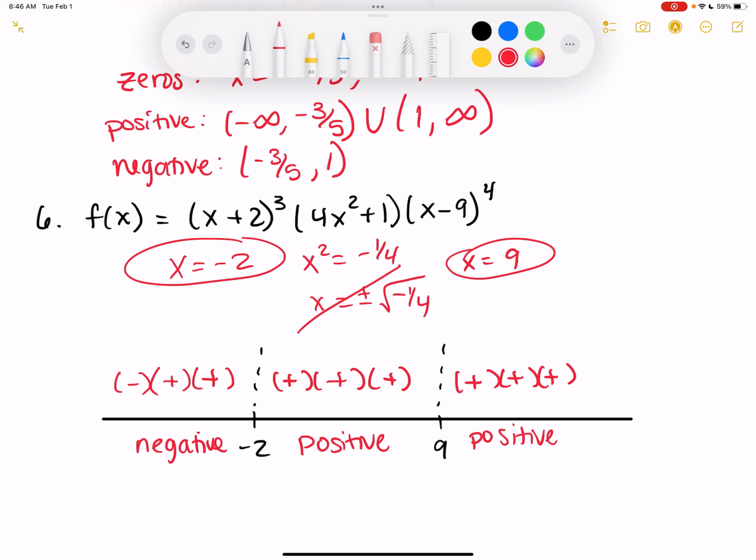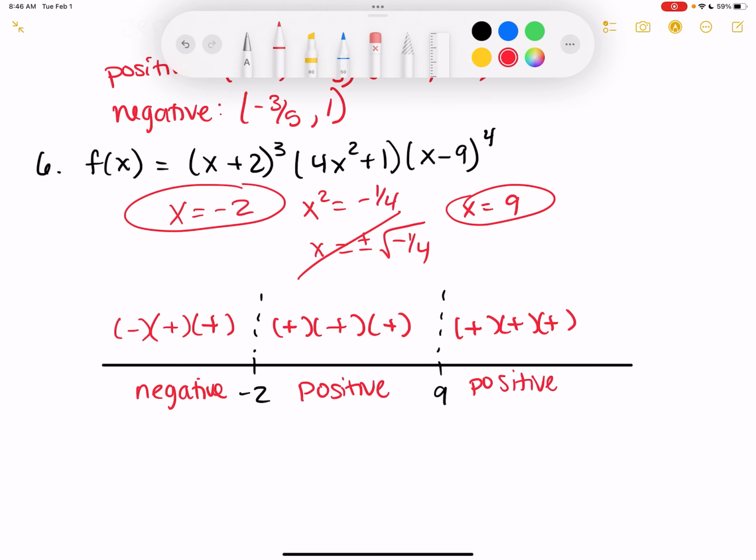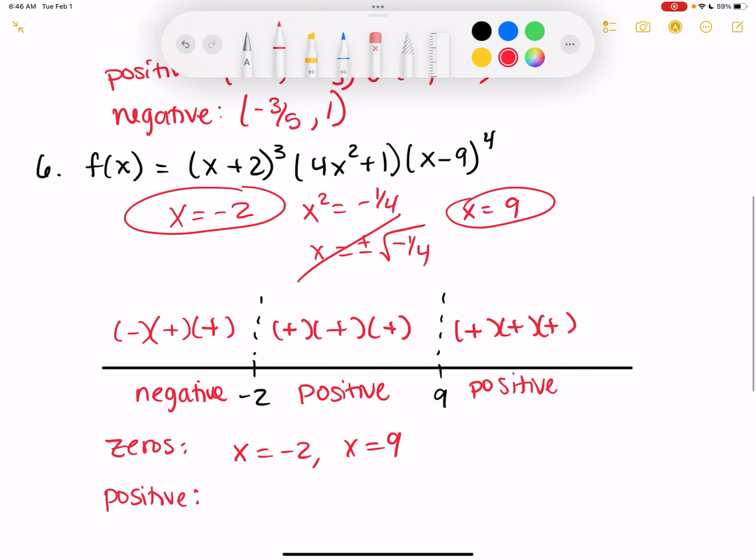Okay, but what this tells you by the fact that there's a 0 here is that 9 is not included. So when we go to write it up, our zeros are at x equals -2 and x equals 9. We're positive from -2 to 9, union with 9 to infinity.